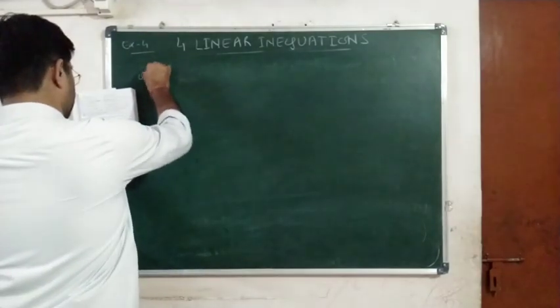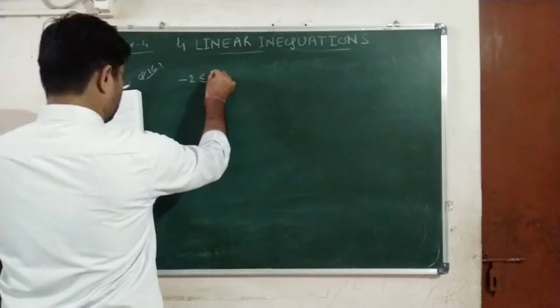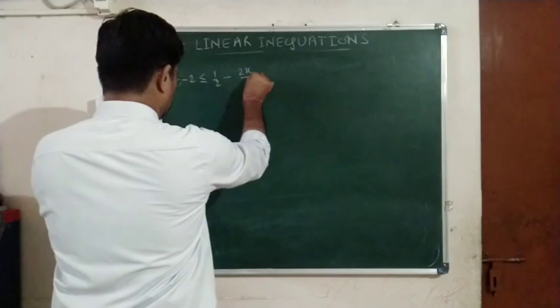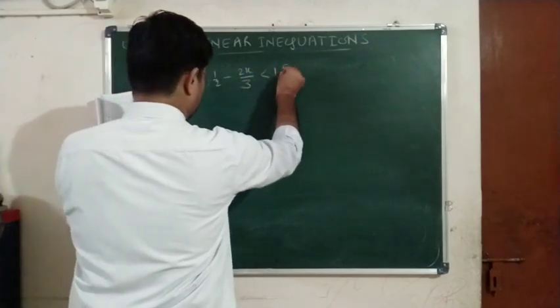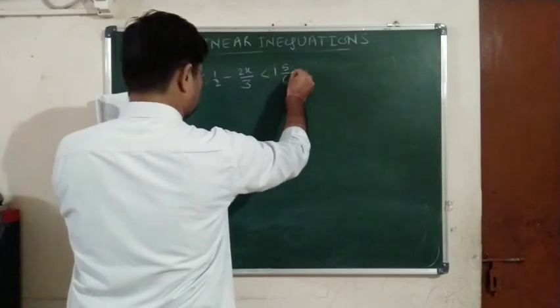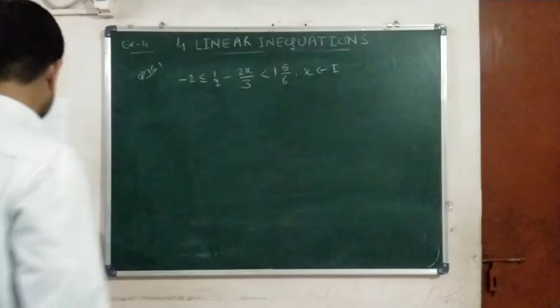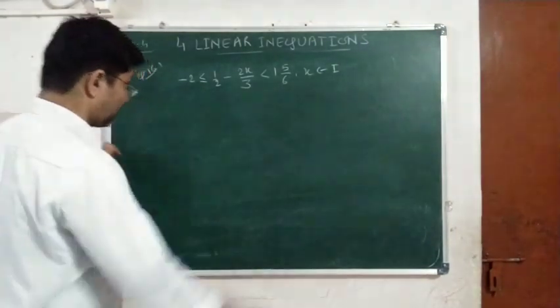Okay, question number 16. Minus 2 is less than or equal to 1 by 2 minus 2x upon 3 is less than 1 and 5 by 6, x belongs to I, the set of integers. Okay, so we will solve this. Let us first simplify.